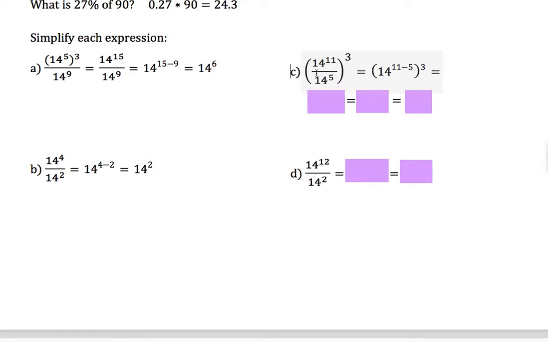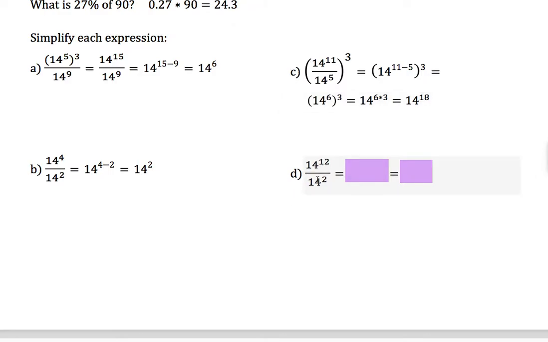Anytime you divide the same term with different exponents, you're subtracting the exponents. It doesn't matter if your exponents are the same number or different numbers. You just have to subtract whatever's in the denominator from the numerator's exponent. And so that gives us 14 to the 6th power raised to the 3rd power. Then the 6 times 3, we're multiplying those. And then we get 14 to the 18th power.